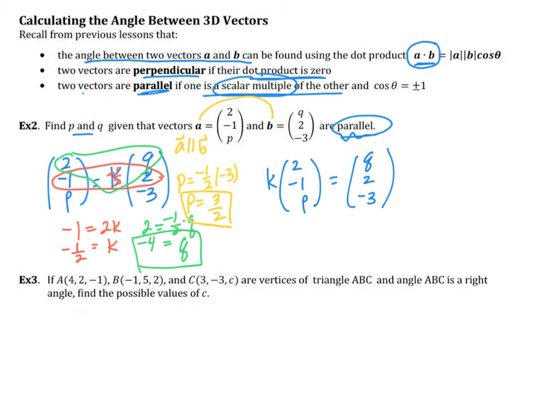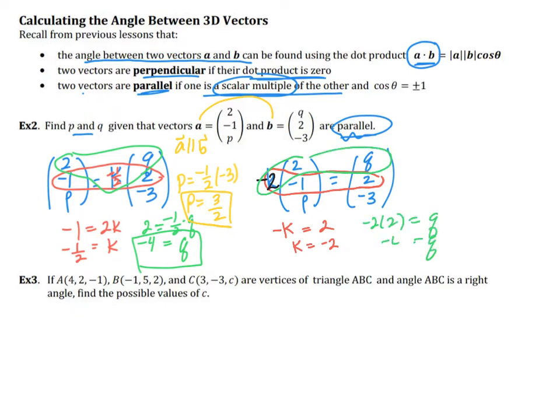So let's see if we can do that same thing for our second example. We could also say we can multiply -1 times k, and that should give us 2. Therefore, k would equal -2. So I'm going to replace k with -2. Now I'm going to say -2 times 2 is going to equal q.